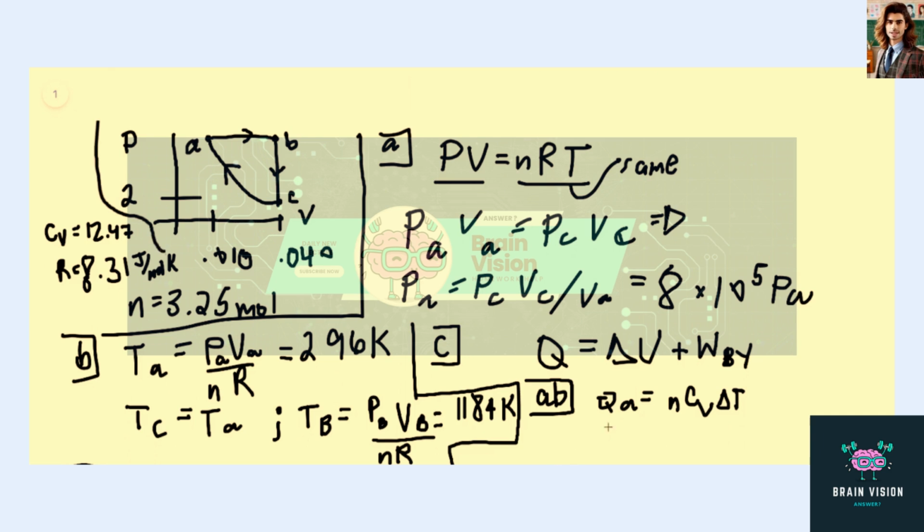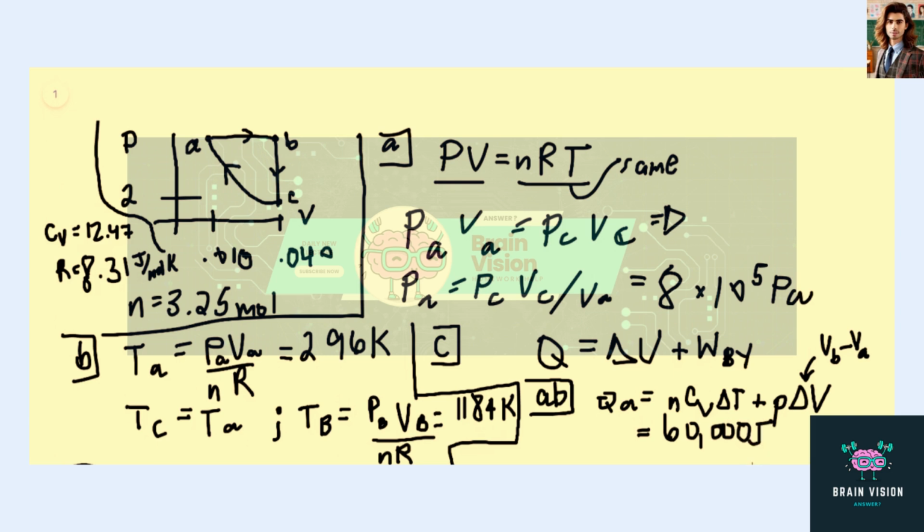The work done by the gas is P delta V for a constant pressure process, so V at B minus V at A, and delta T is T at B minus T at A. If you plug that into a calculator, maybe you'll get what I got, which was 60,000 joules.